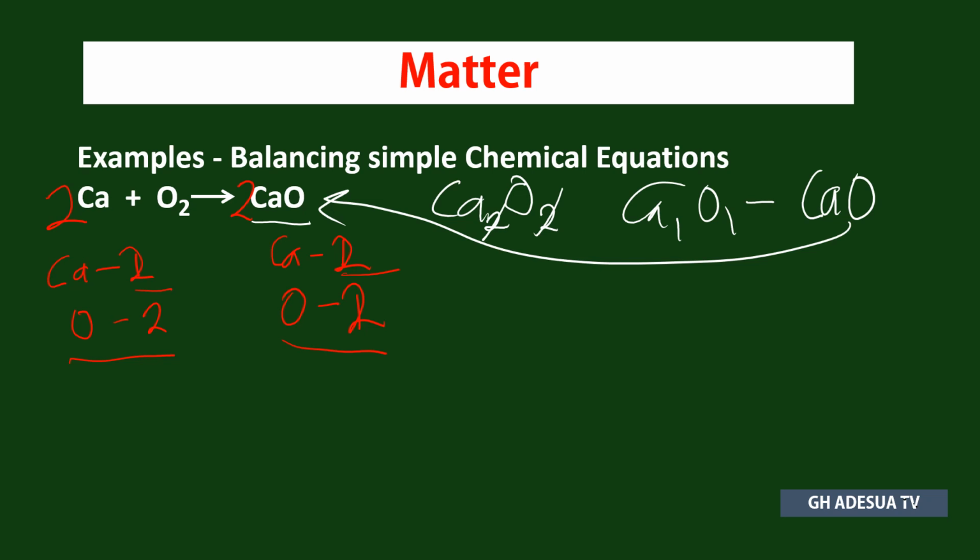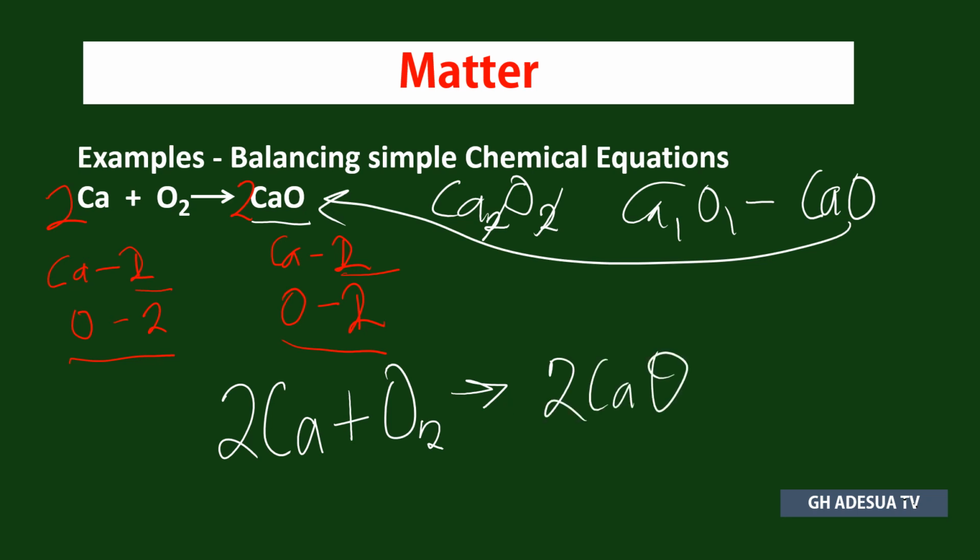So balancing your equation, this is the final equation you have: 2Ca plus O2 forming 2CaO, 2 calcium oxide. This is the balanced simple chemical equation, and that is balancing of simple equations.